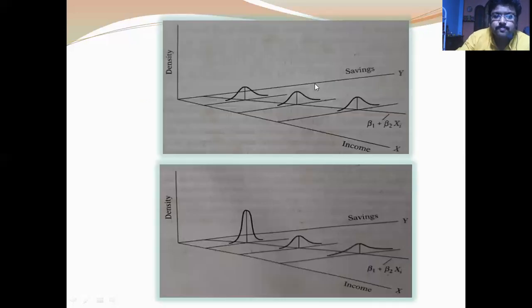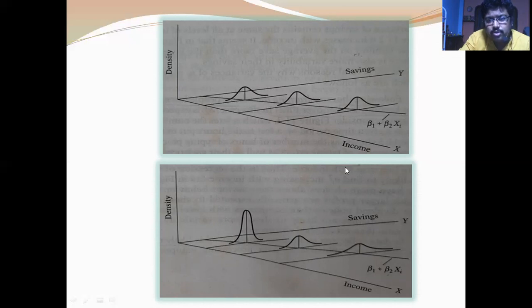Look at this picture. This is the y-axis, along which we measure the savings, and this is the x-axis, along which we measure the income. So income is the independent variable, and savings is the dependent variable. You can have a closer look at this picture, and this represents the density.